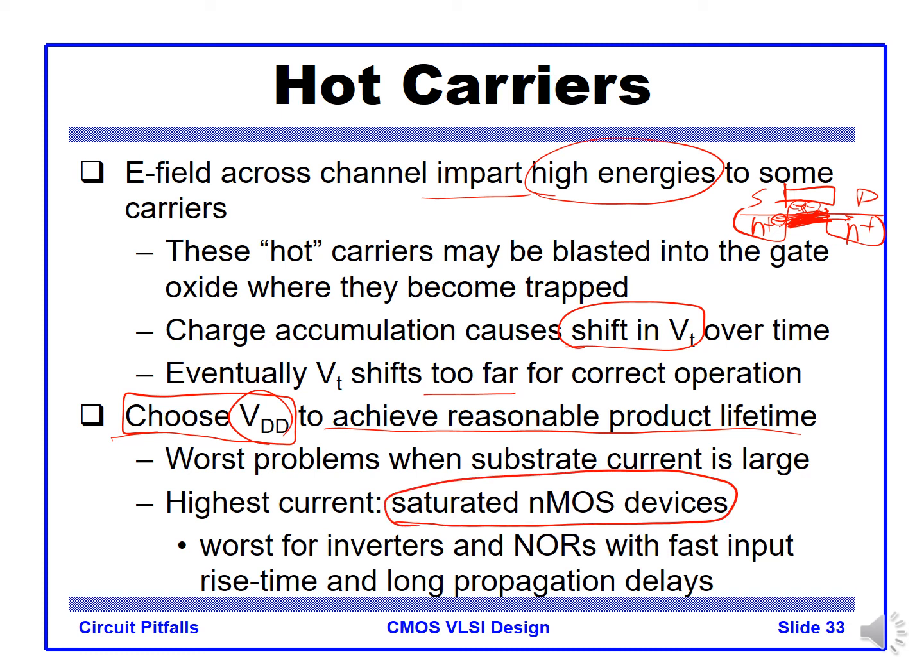The maximum voltage for the device may apply in the inverter design. For example, we can apply maximum VDD on the NMOS and maximum VDD on the PMOS. That will cause the maximum amount of current to flow, right? And then a very high electric field across the channel will happen.